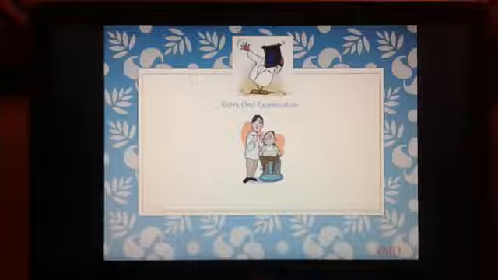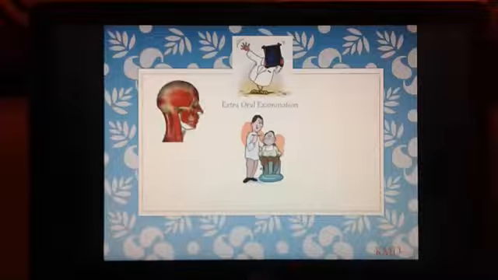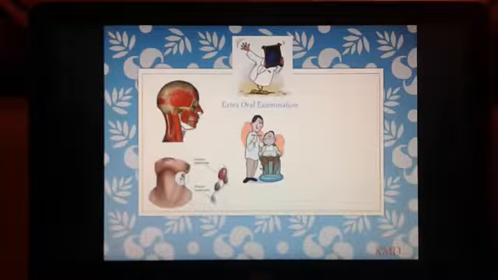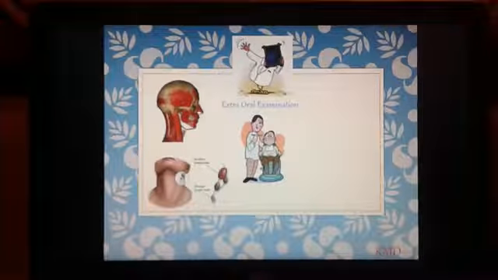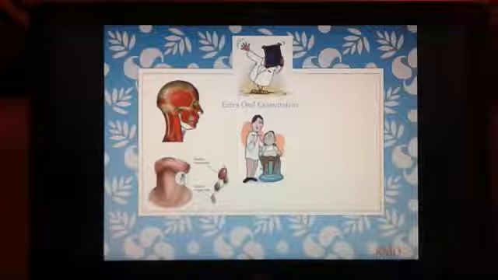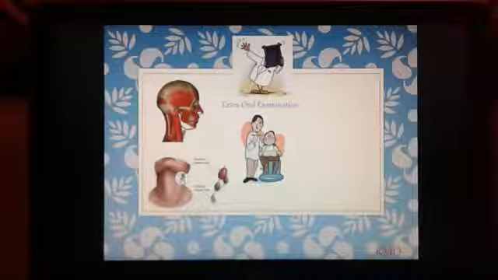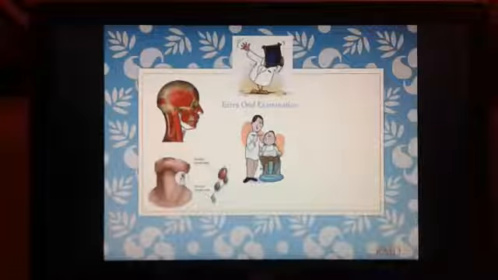We also have to note whether there is any unusual pigmentation or edema, or any rise in temperature. The facial symmetry has to be noted in the extraoral examination, whether it is bilaterally symmetrical or if there is an obvious asymmetry on one side.